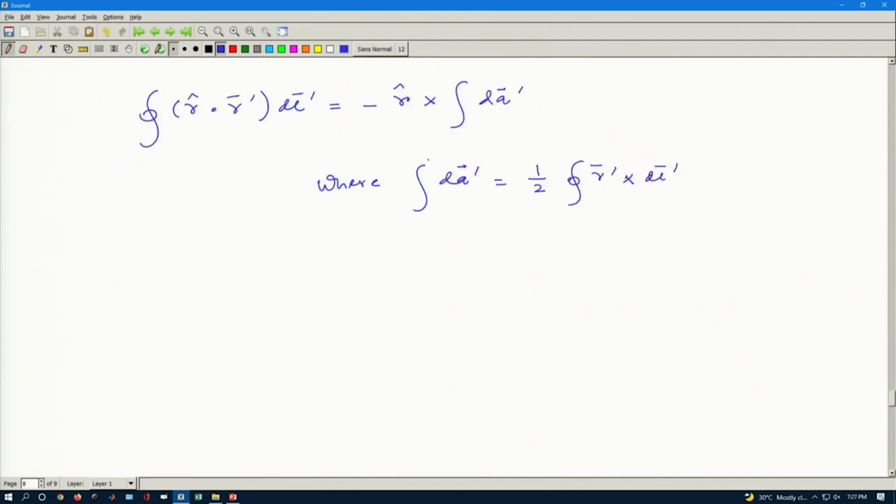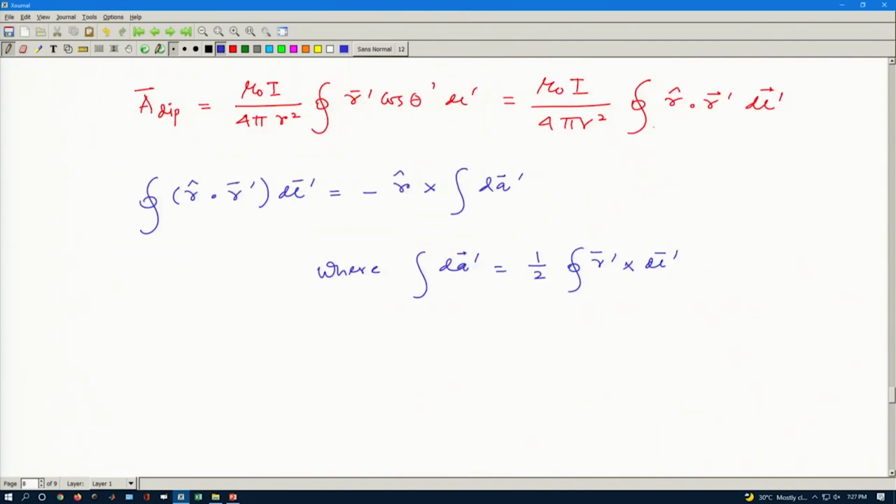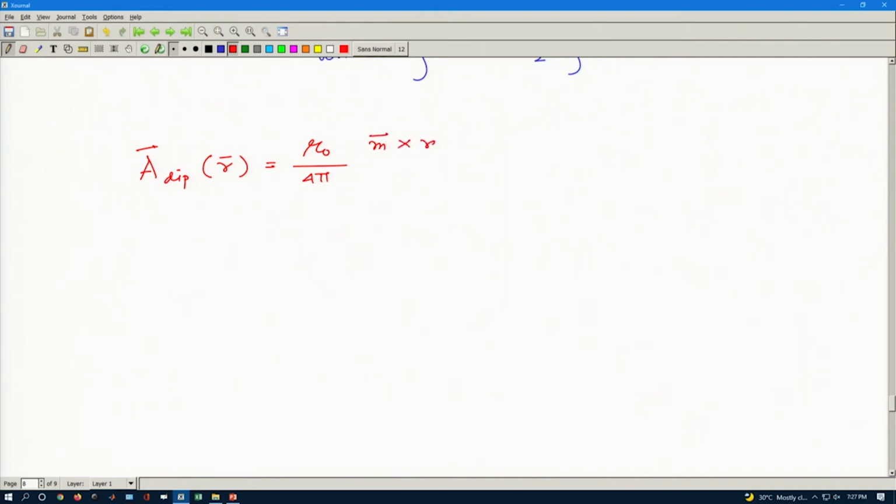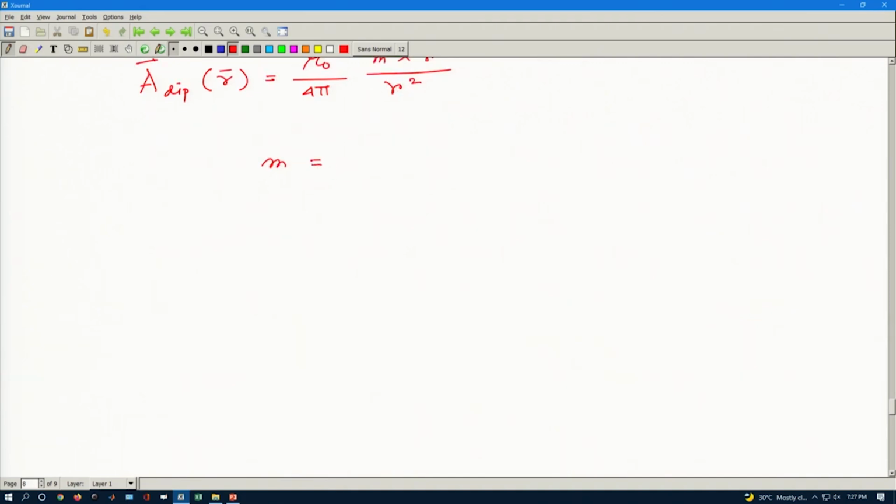But if I consider for the time being that this is the way I can represent r dot r prime dl, that minus r cross dl, and this is the area, then my magnetic dipole potential term, the contribution of that, becomes mu 0 divided by 4 pi, m cross r unit vector divided by r square, where m, which we call the magnetic dipole moment, a very important term, is simply current into area.